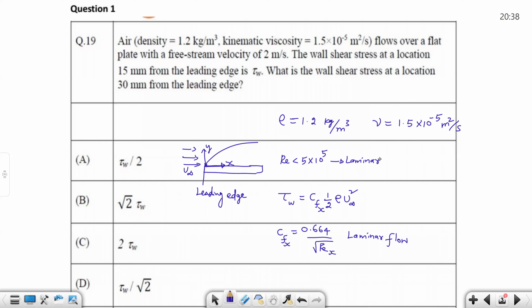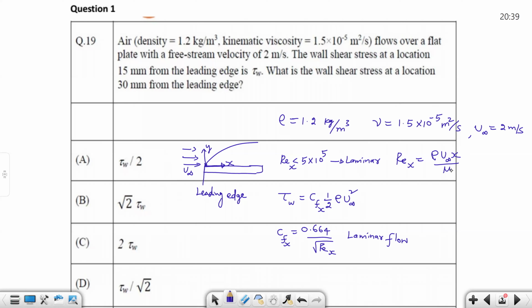We take the free stream velocity u infinite as 2 meter per second. So we will get the Reynolds number at a distance x is equal to rho u infinite x by mu.